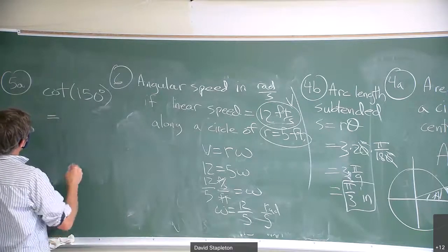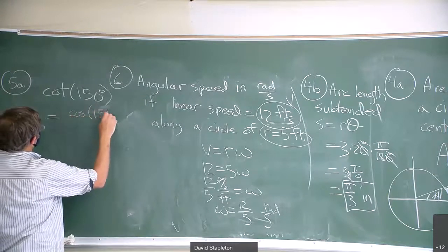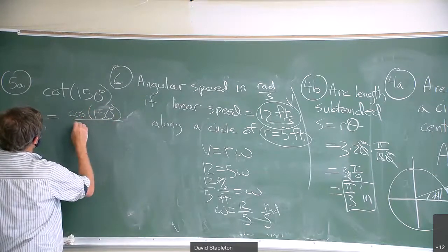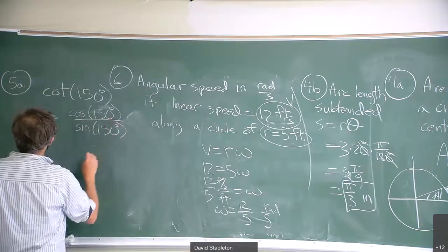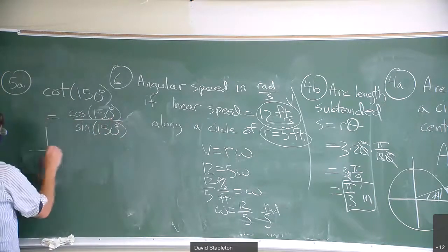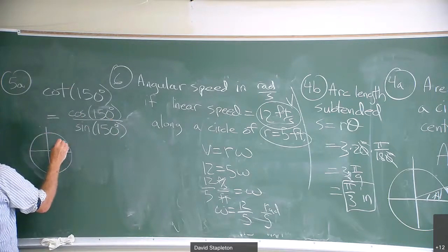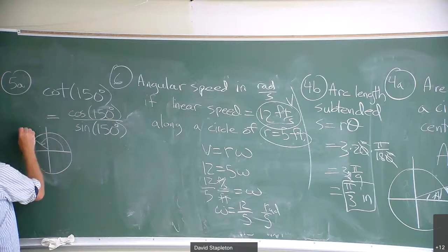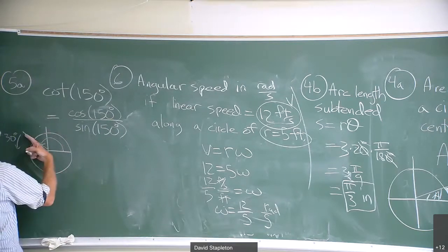I can remember that cotangent is cosine over sine, right? Cosine 150 over sine 150. And now I've calculated exactly on the unit circle. 150 degrees, let's see, it's 180, a straight angle, except for 30. So it's 180 back up 30.